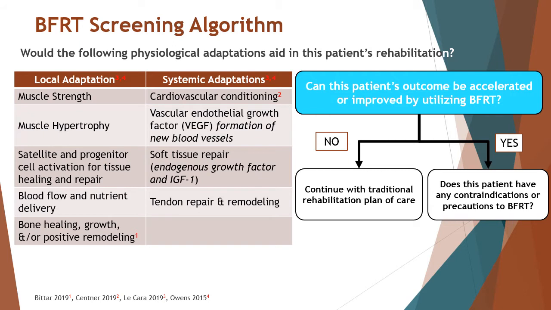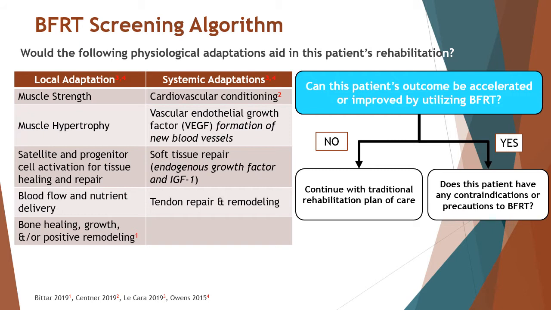This goes for soft tissue, not only contractile but also non-contractile. Blood flow and nutrient delivery to the area of injury. Bone healing, growth, and/or positive remodeling if they're at risk for bone mineral density changes. If they have a healing fracture, would they benefit from positive or accelerated bone growth?